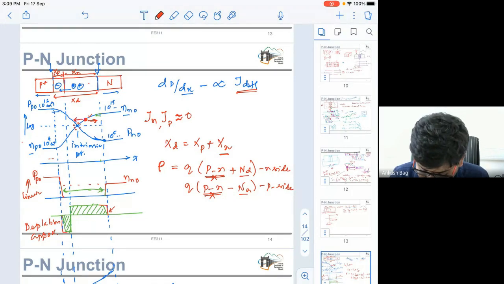So it is very difficult to observe these two concentrations on a linear scale, but when we use the log scale we can see this variation.